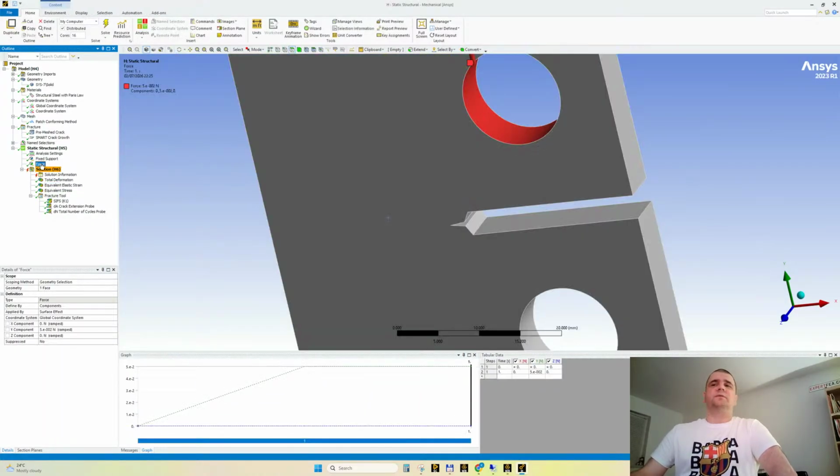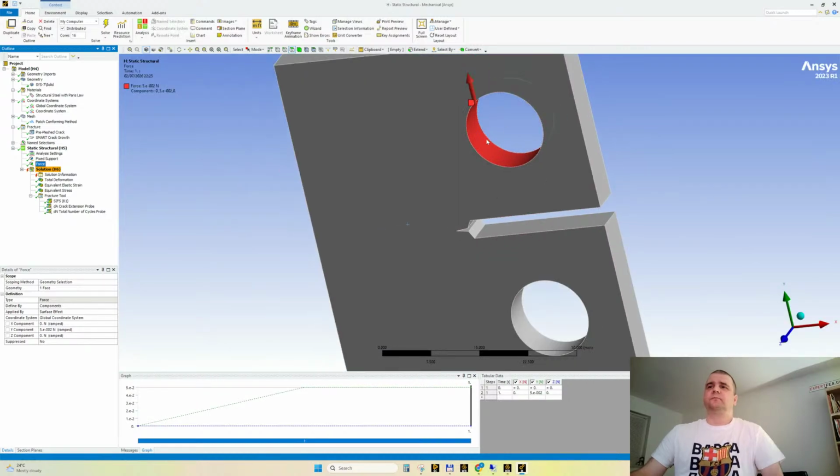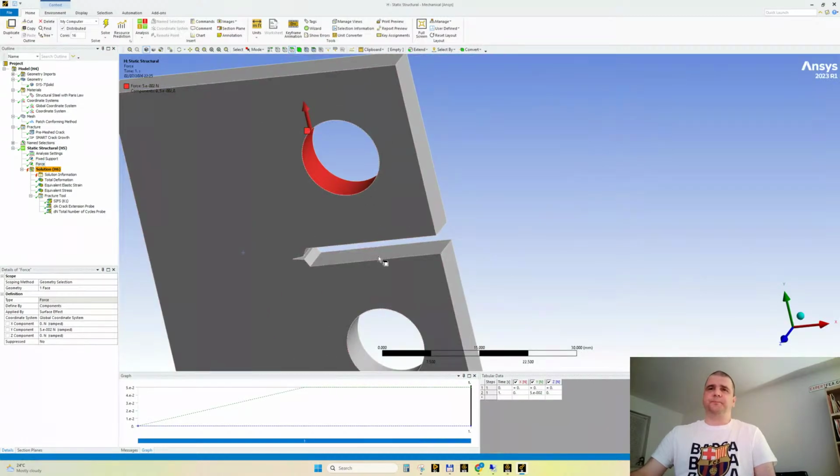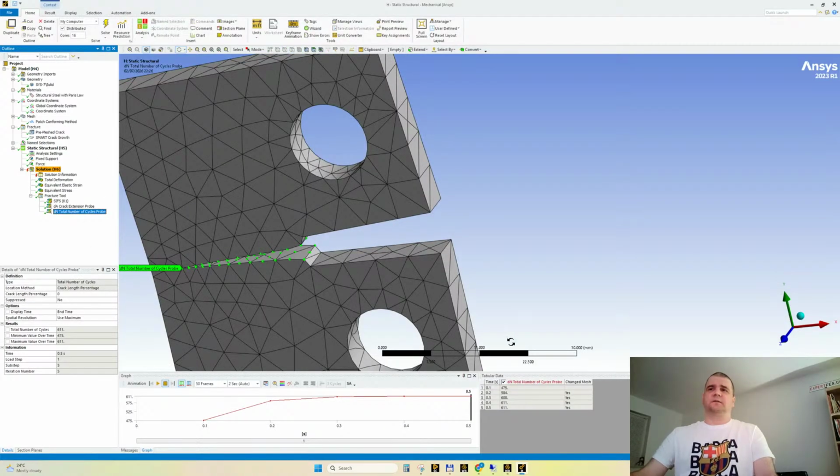What we need to do is to gradually increase the force. For example, for this minuscule force, let's look at the total number of cycles.